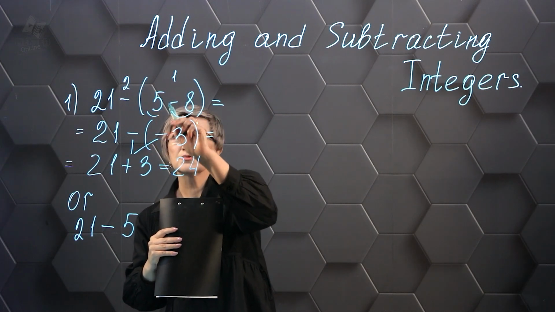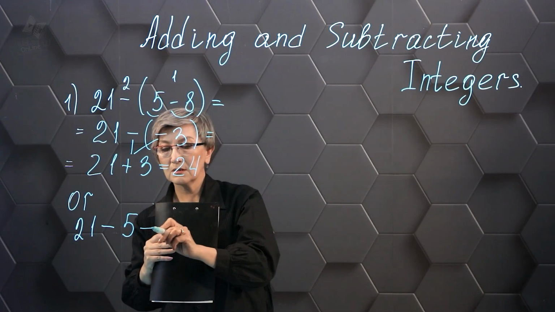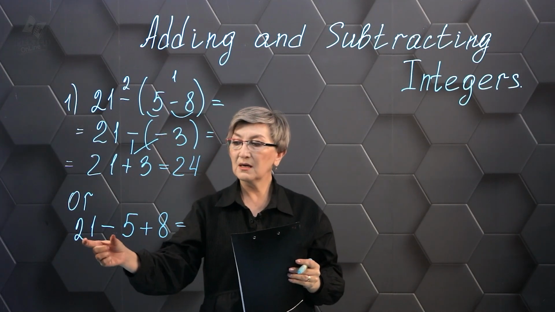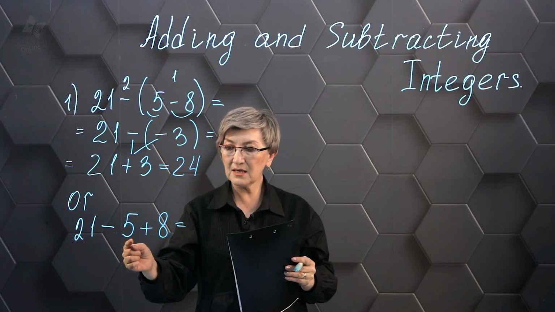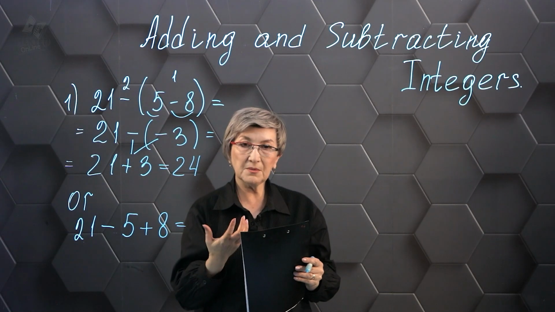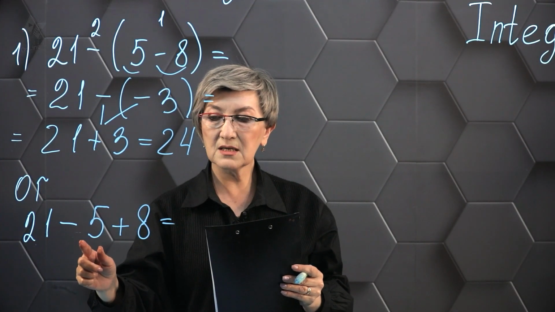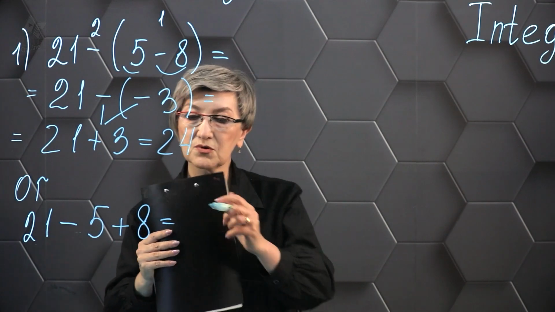The number 8 went with a minus sign, plus 8. And then we have an example of 21 minus 5 and plus 8. And we can solve this example easily. 21 minus 5 is 16. 16 plus 8 equals 24.